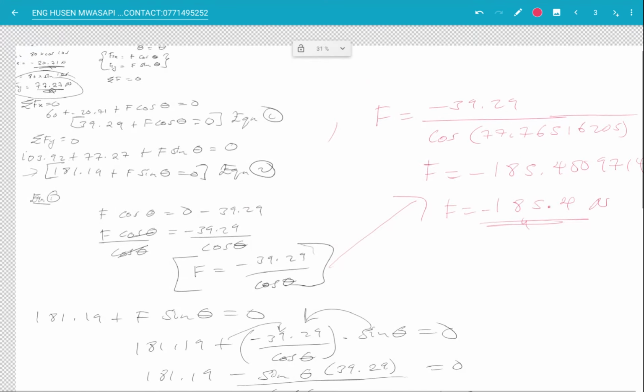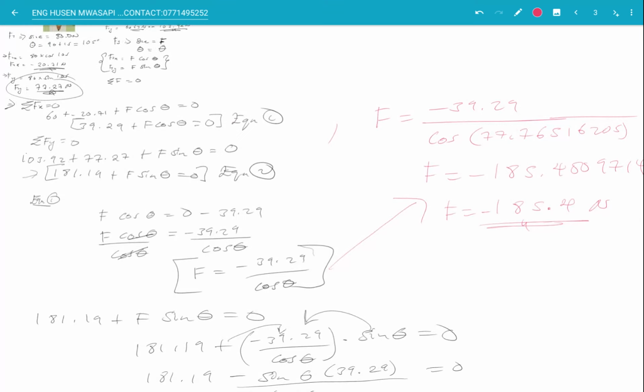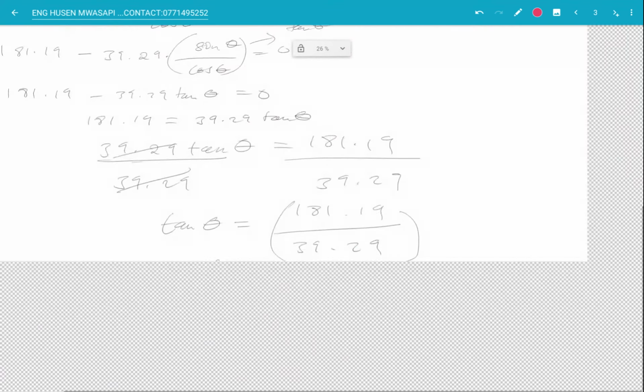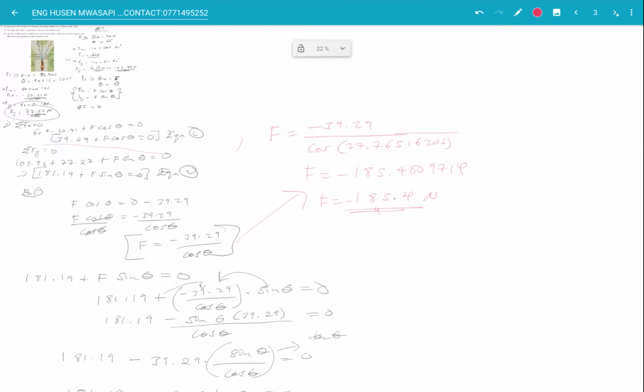Now, if you sum up all the forces, 39.29 plus the force that you found, which is negative 185.4, times cos of its angle, which is 77.8, and try to see what you get, you find that you get a value that is close to nothing.